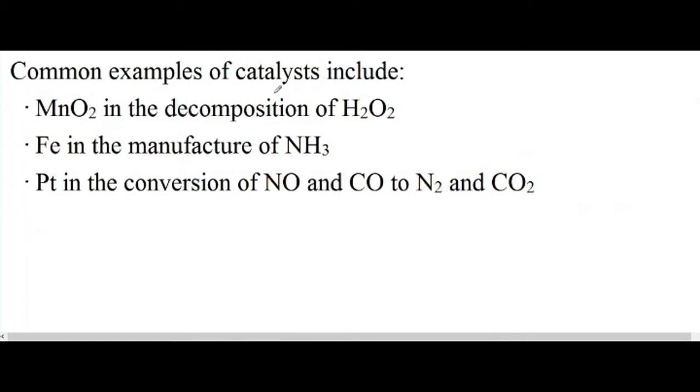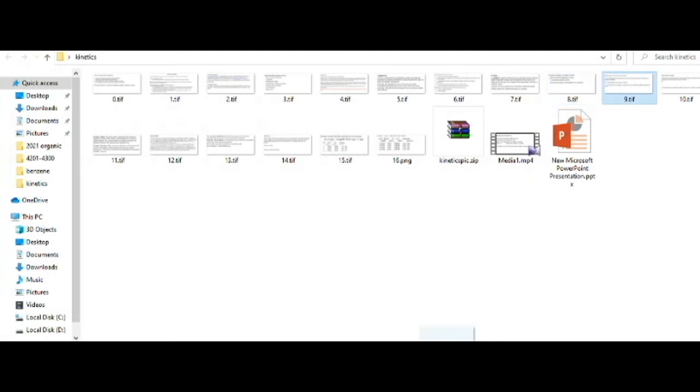These are some common examples of catalysts. Iron, Fe, is used in the manufacture of ammonia in the Haber process, platinum in the conversion of NO2, and in organic chemistry, for the conversion of a carbon-carbon double bond into a carbon-carbon single bond, we use platinum or nickel or palladium. These are some examples of the usage of catalysts.